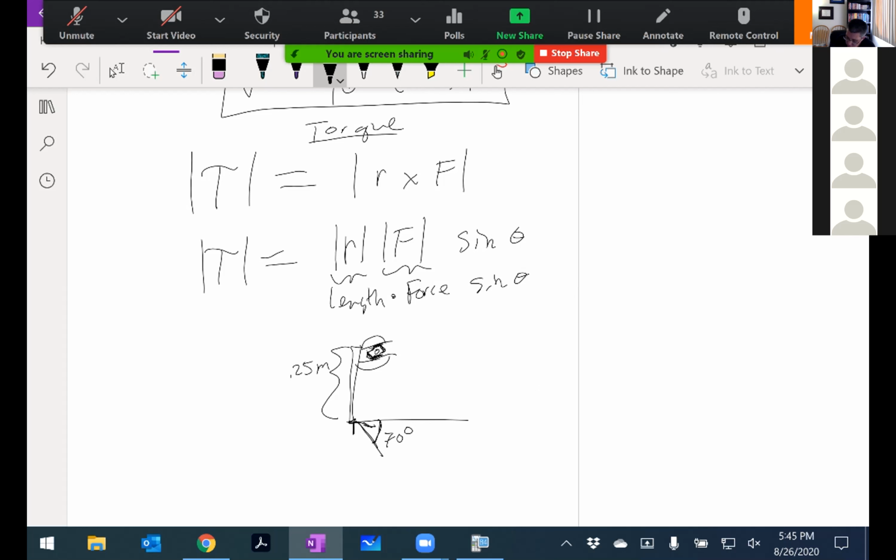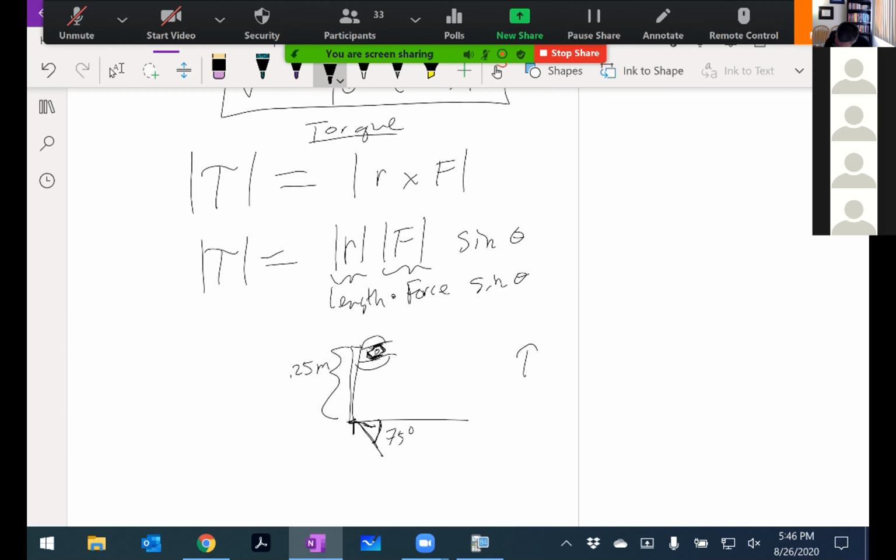I'm not coming at it completely orthogonally. Or let's actually make this 75 degrees. So what's the torque that I'm torquing this thing at?